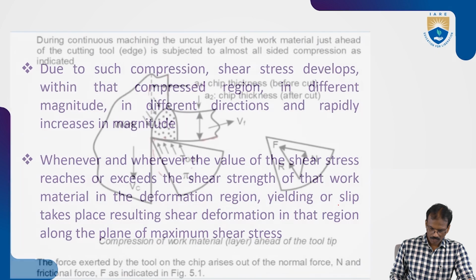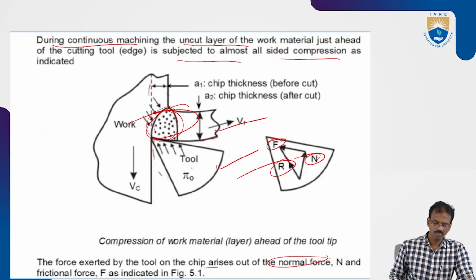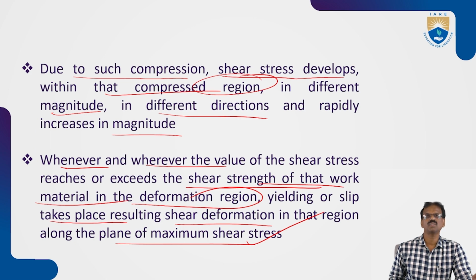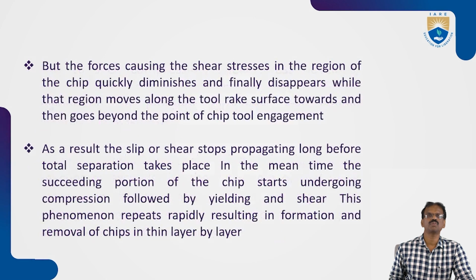Here, this one. So when the shear stress in the deformation region exceeds the yield strength of that particular material, shear deformation automatically takes place.